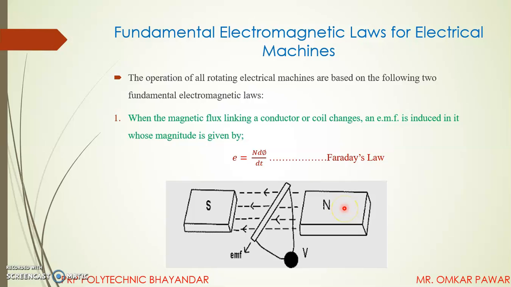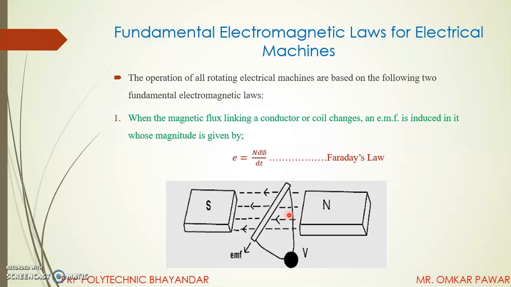So basically, this is a magnet which contains S pole and N pole. So flux always flows from N to S, and we insert a conductor in between this magnet. So there is one condition, that is either you move the magnet and keep the conductor in steady position, or else you keep the magnet in steady position and move the conductor.